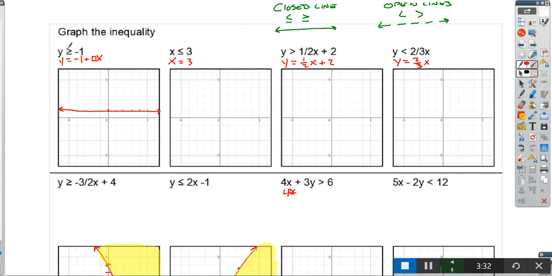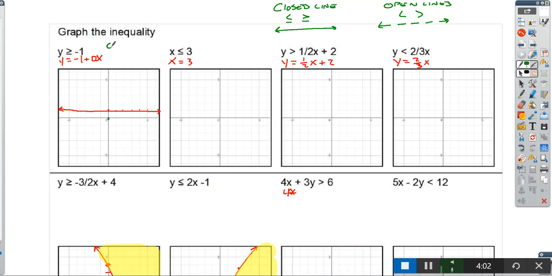Since we have a greater than or equal to sign, that means we're going to have a closed line, so I don't need to turn it into a dashed line at all. Now we need to figure out which side we're going to have to shade. So I'm going to pick the point 0, 0. Why am I picking 0, 0? Because 0 is the easiest number to add, subtract, divide, and multiply. So let's plug in 0 for our variables.